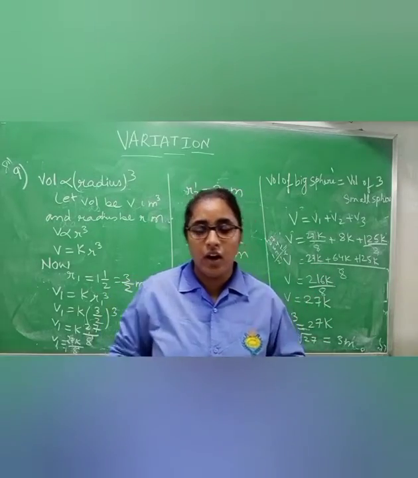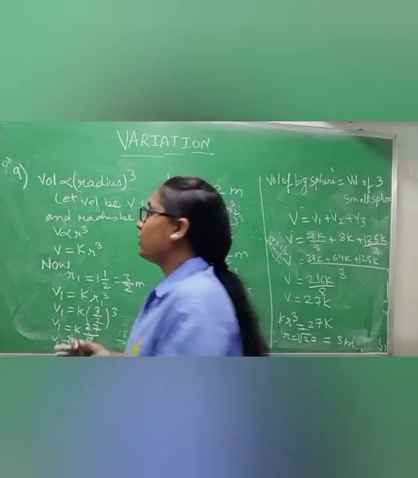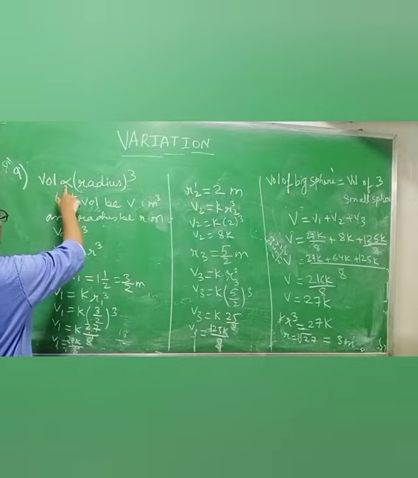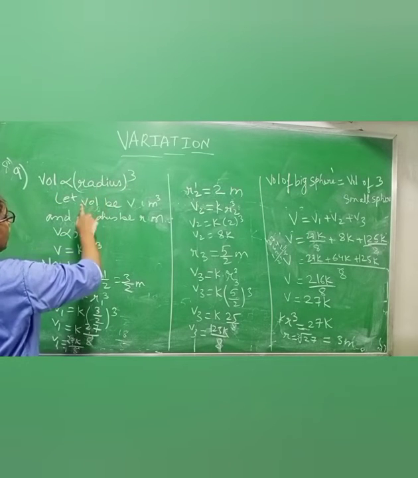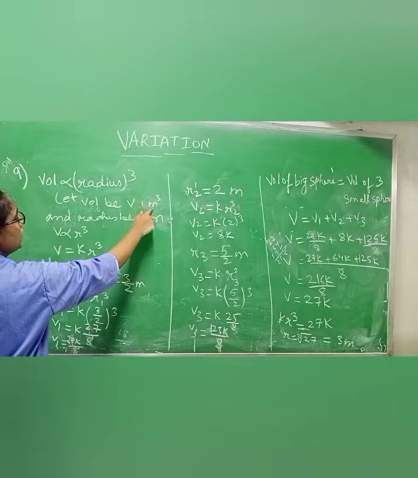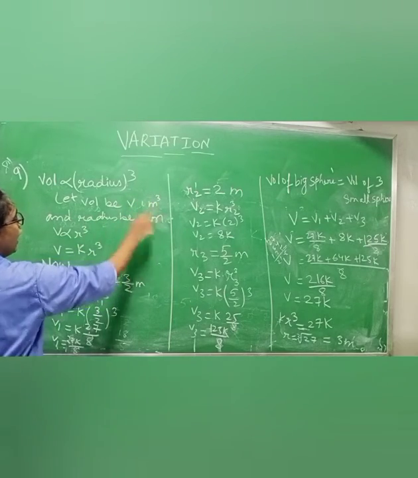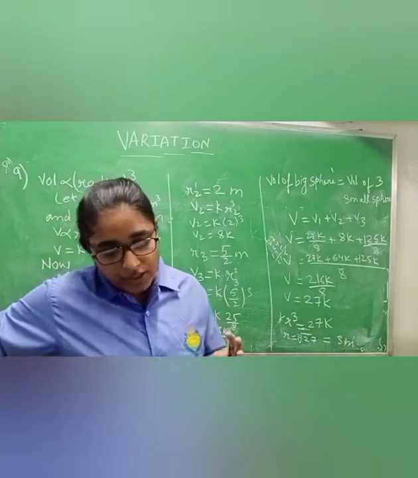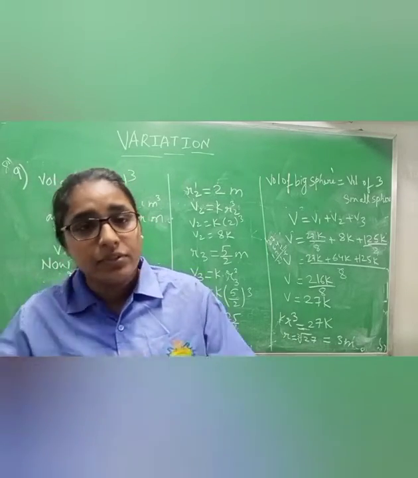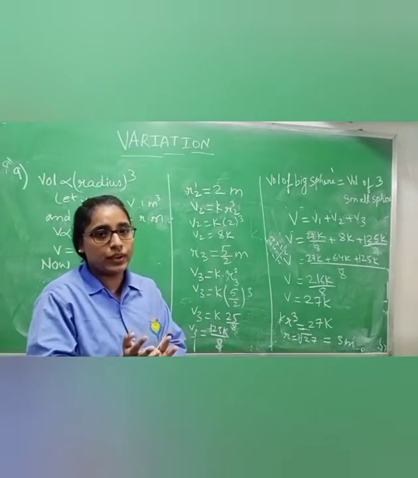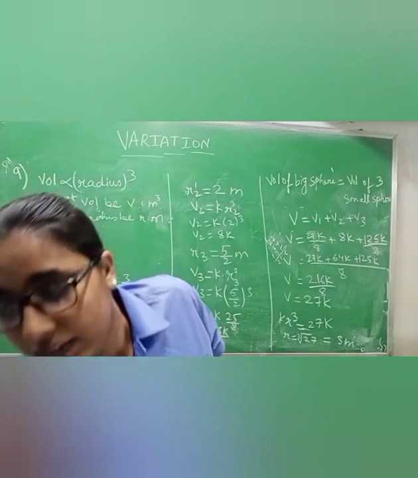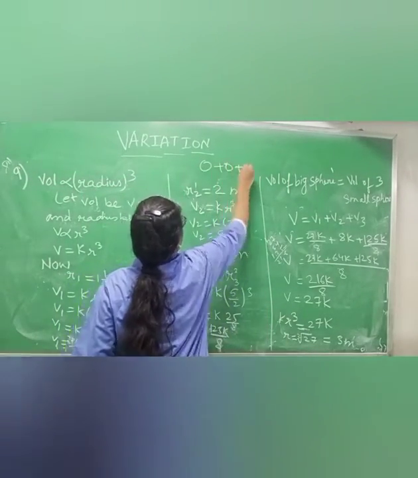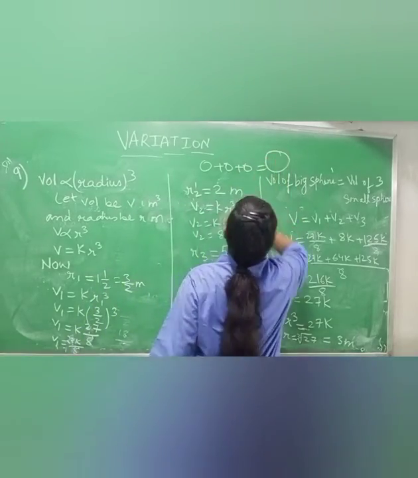Same thing happening here. So first of all we got the relationship between volume and radius, which is volume varies directly with cube of its radius. Now we are taking, let the volume be v meter cube and radius be r meter, because it is given that three spheres are melted and they are making a huge big sphere.